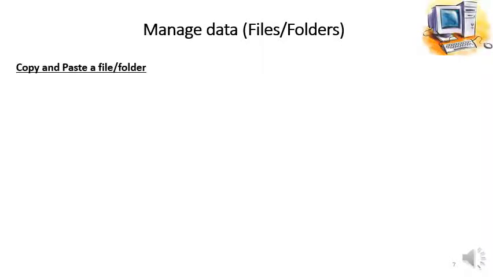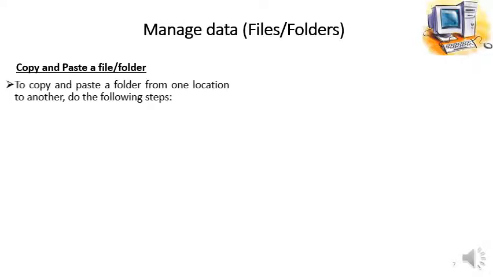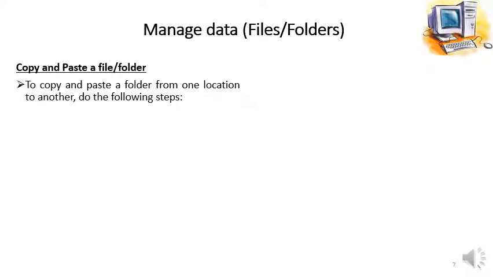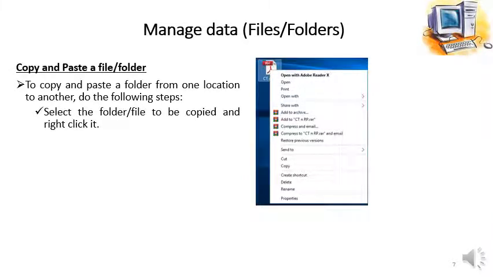Second, how to copy and paste a file or folder. To copy and paste a folder from a location to another, do the following steps. First of all, select the folder or file to be copied and right click it. You have to right click on that folder or file.